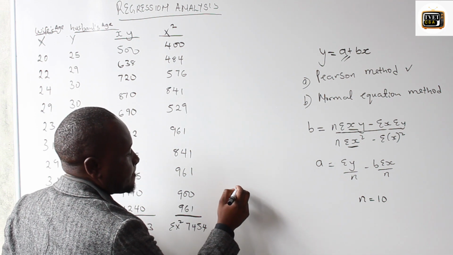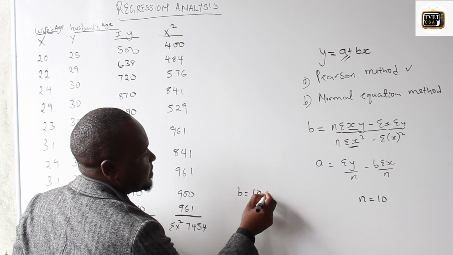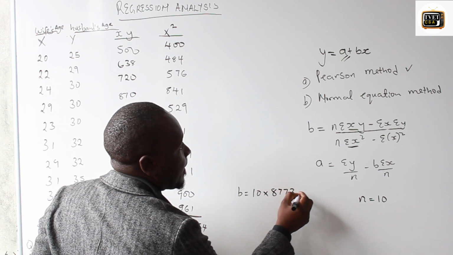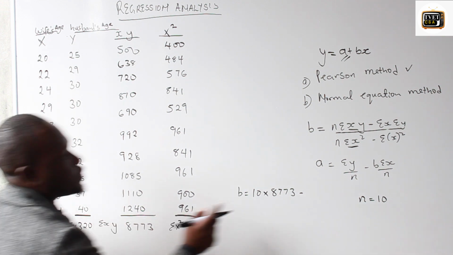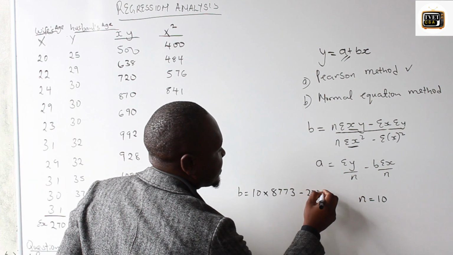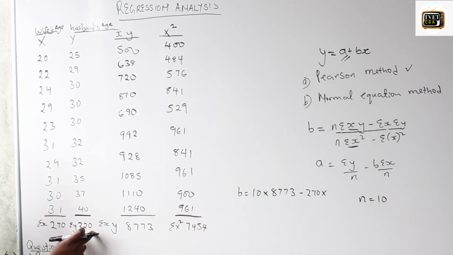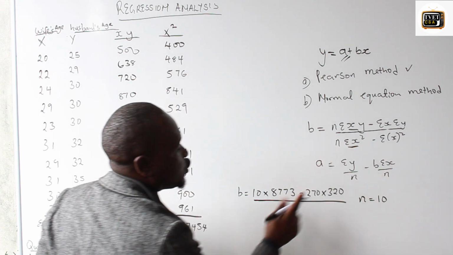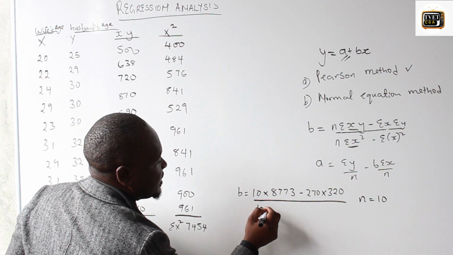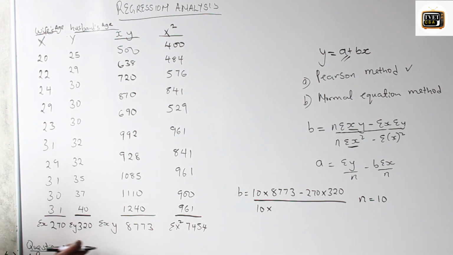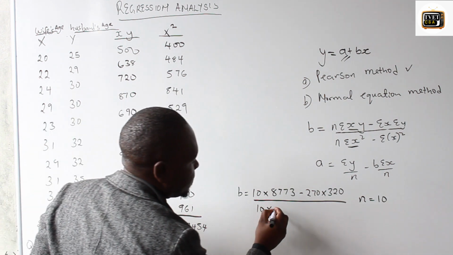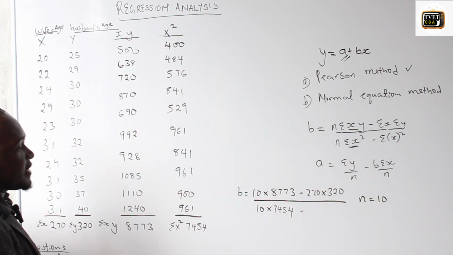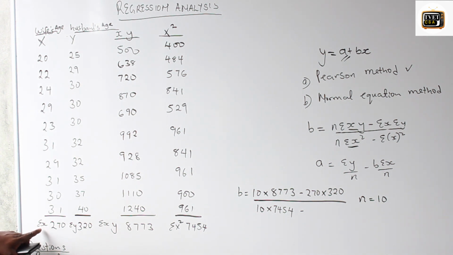We say b is equal to 10 times summation of xy, 8773, minus summation of x, which is 270, times summation of y, which is 320, over n, which is 10, times summation of x squared, which is 7454, minus summation of x in brackets.